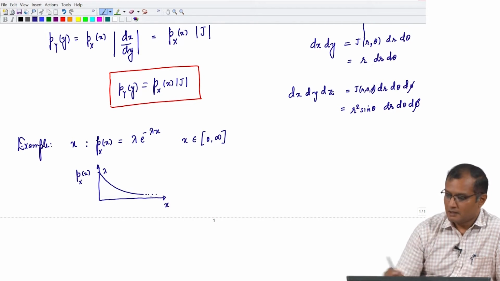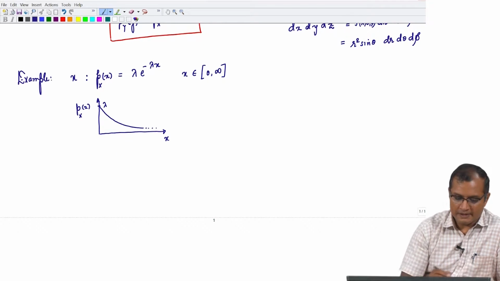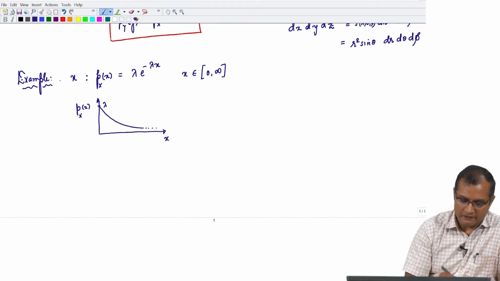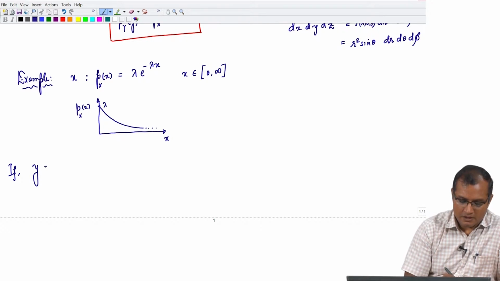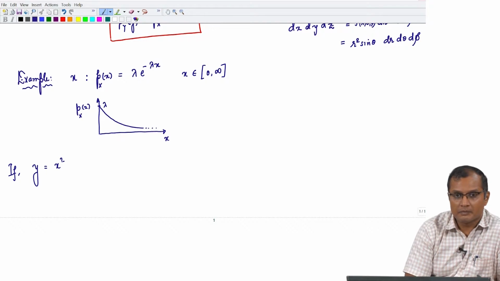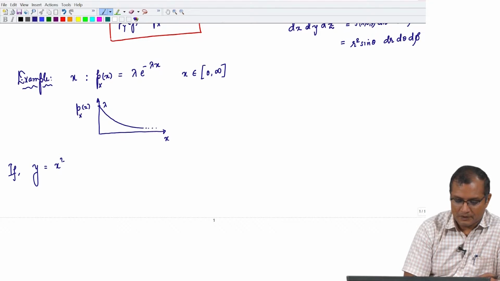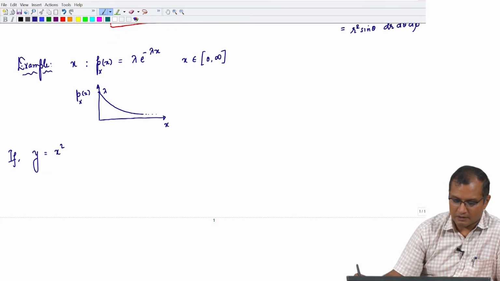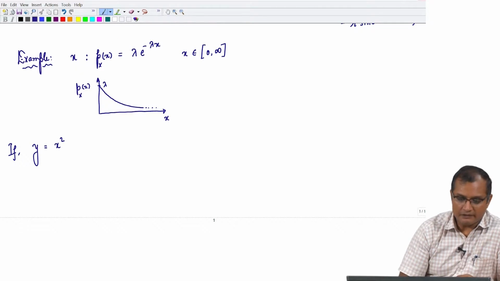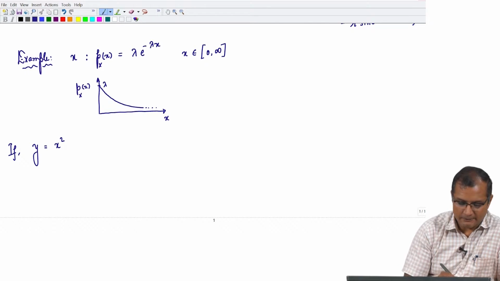Okay. And let us say I define a function y, which is x square. Then I have to find out what is the PDF of y. So, you can compute this PDF.